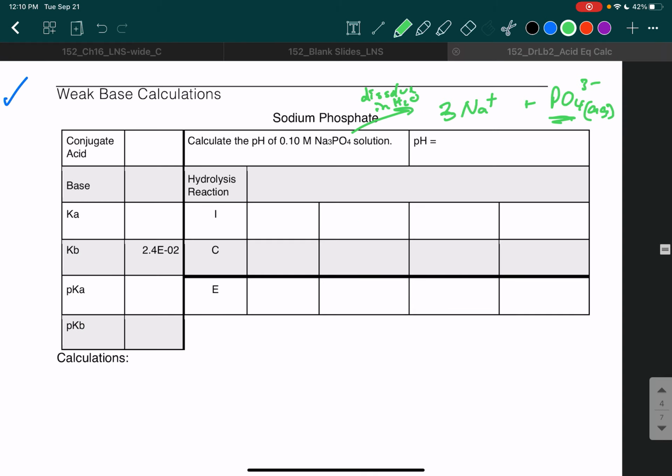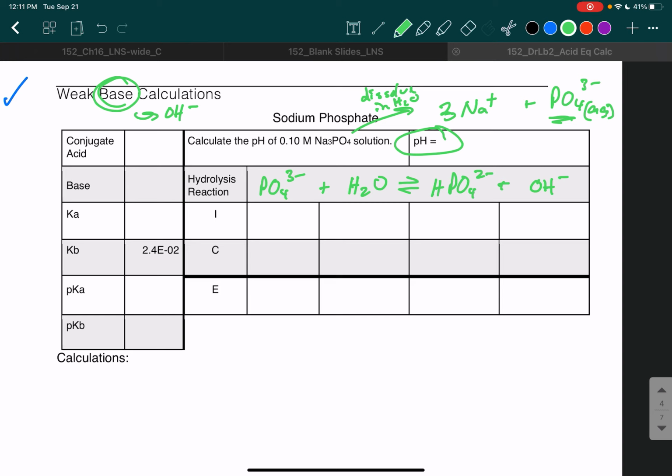And so with that in mind, same deal. With practice, things become very repetitive, and this is certainly the case. Now here, please watch out. If we're dealing with a base, that means OH is going to be produced in the solution. That creates an additional step at the end, because we still want to calculate the pH.